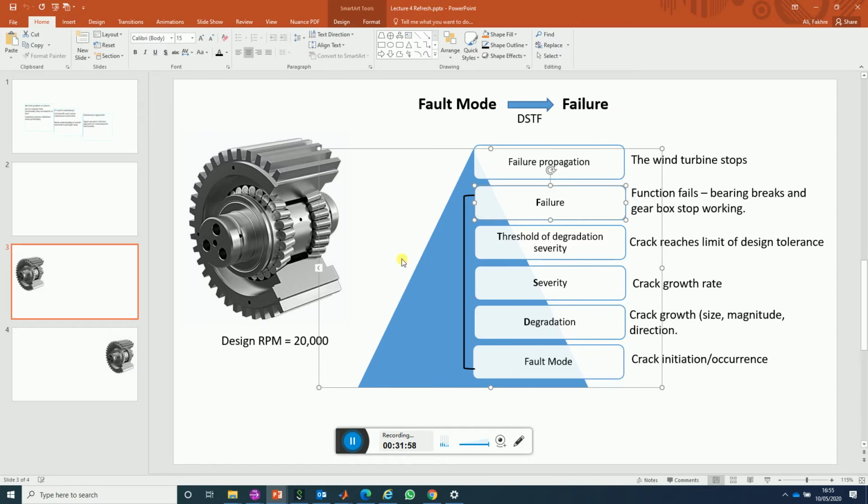The turbine is not in functional state anymore. So taking the example of my bearing in the gearbox, a crack starts to initiate due to lack of lubrication.